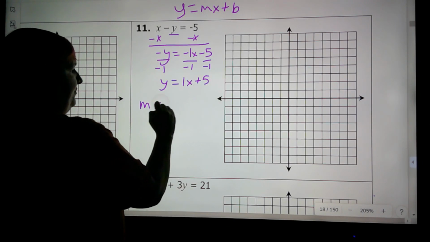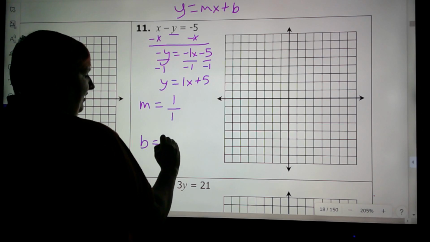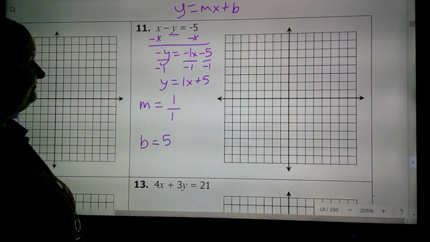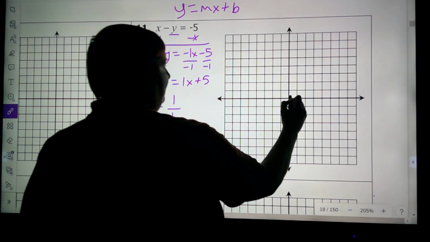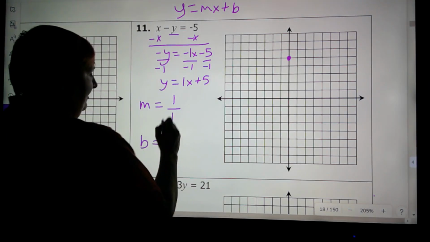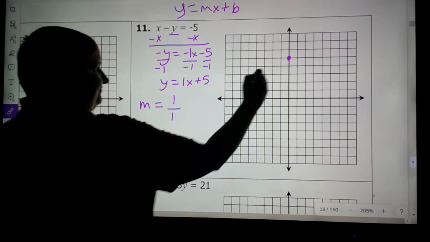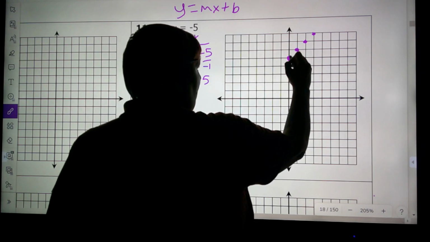So my slope is 1, which is 1 over 1. And my y-intercept is 5. So my first point goes to 0, 5. And my next one goes 1 up, 1 right, or 1 down, 1 left.